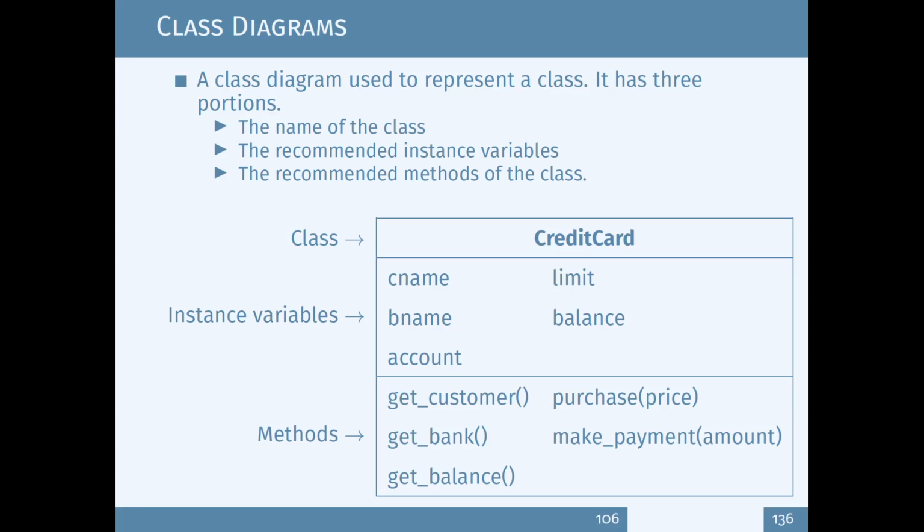Usually to do that, for example, when you say get customer, you basically return CNAME, and then you can directly use this. Okay, I will show you one, and then you can implement the other two.